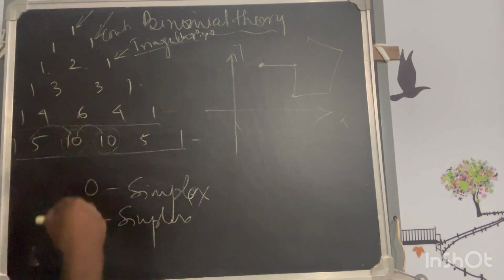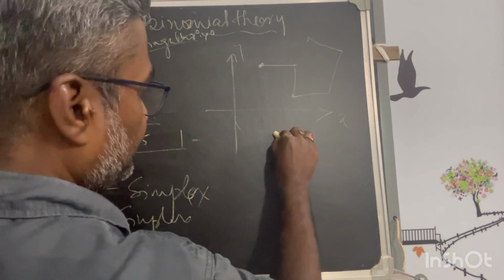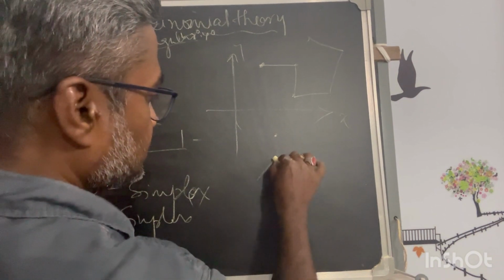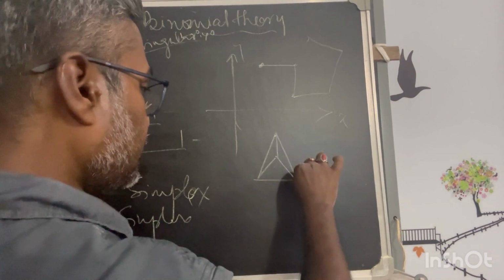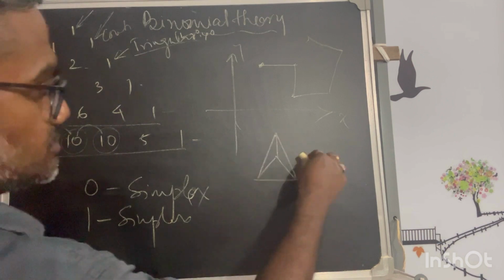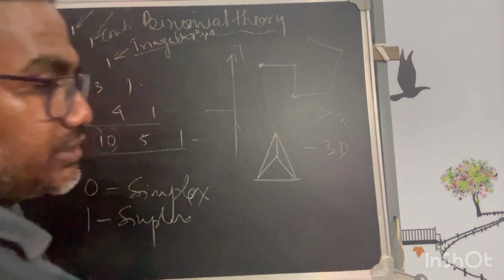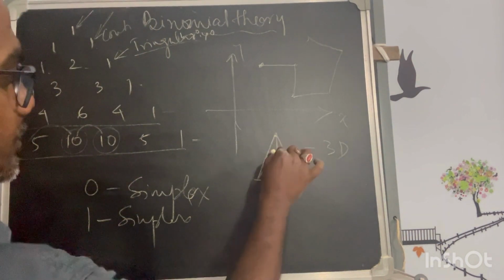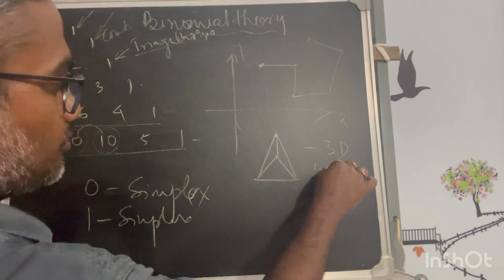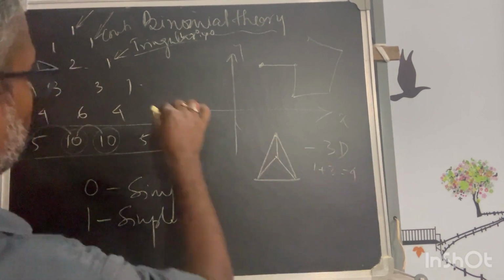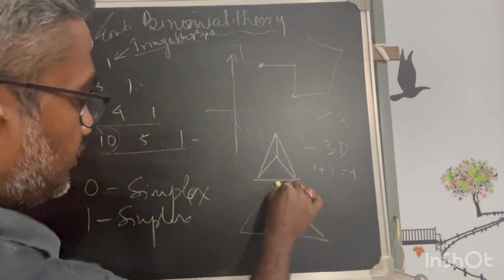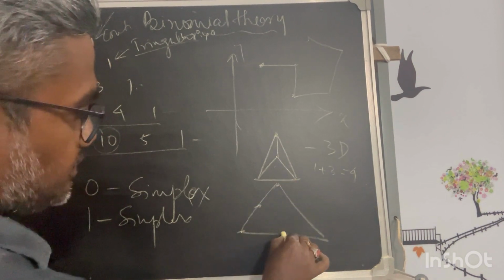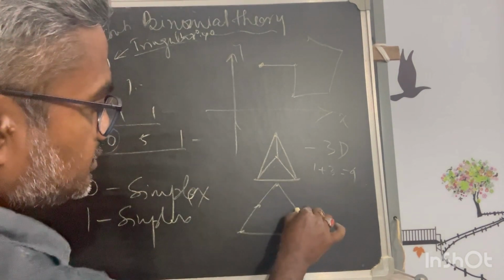The next is 1 4 10. How does it move? First it starts with a dot, and next it is connected with a triangle in a different plane. This gives you a 3D figure. So 1 plus 3 is equal to 4. Then 1 plus 4. The next is a bigger triangle where the dots increase on each arm, so each arm will contain 3 dots.